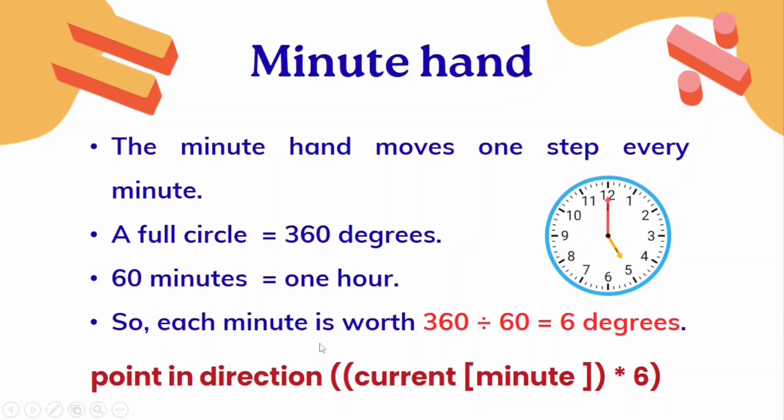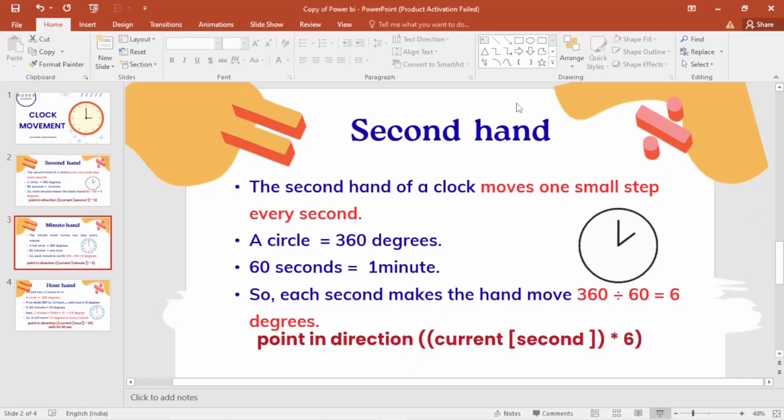So each minute is worth 360 degrees divided by 60 minutes, which is equal to 6 degrees. That is why I have put in the code point in direction current minute multiplied by 6. Let's go to Scratch again.